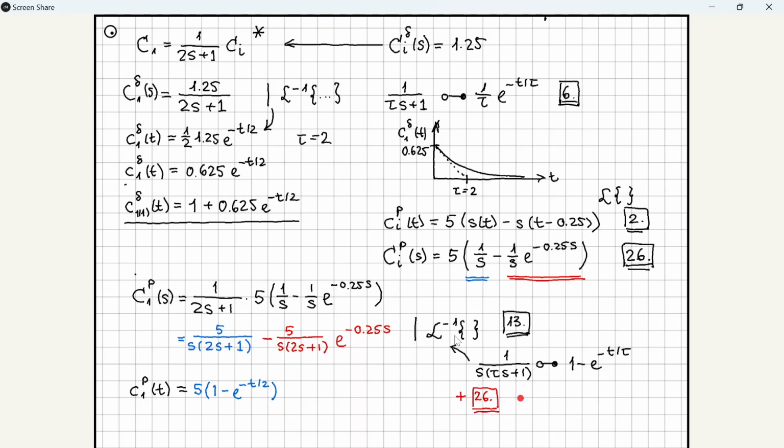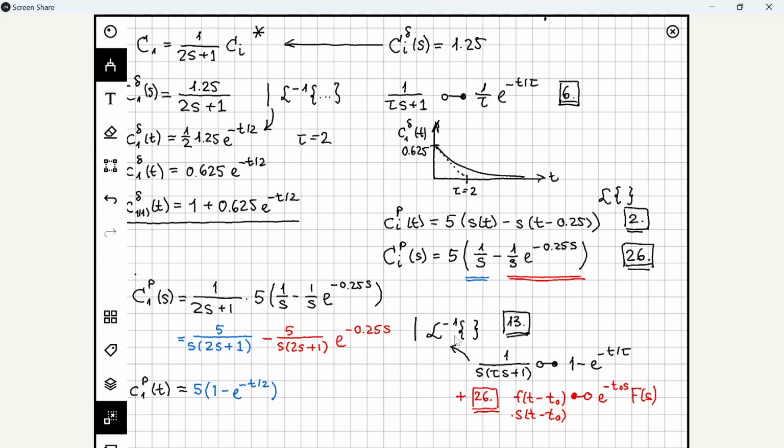Number 26 said that if I have a function that is delayed with t0, it corresponds in the frequency domain to e to the minus t0 s times the Laplace transform of that function. We actually have to multiply this with the step function. So it's f of t minus t0 times s of t minus t0 corresponds to this. Okay, so let's go back here.